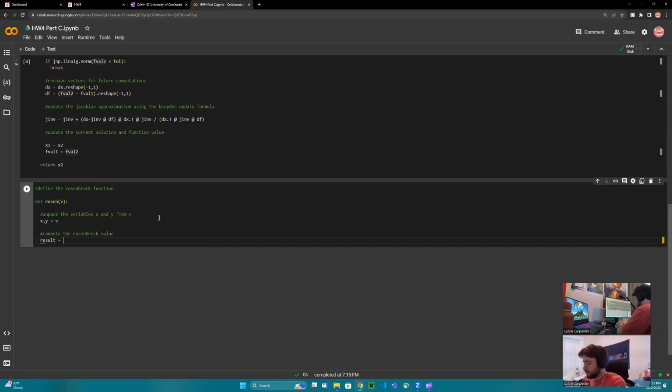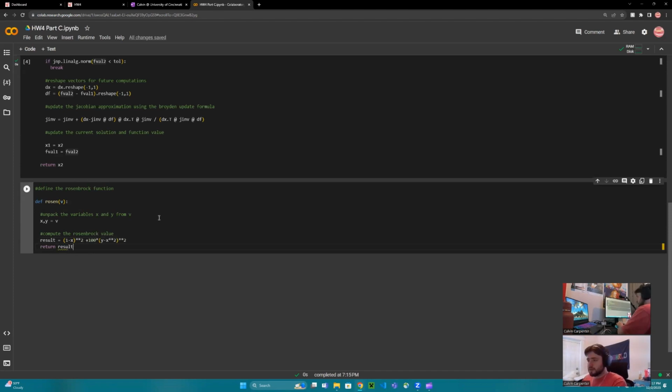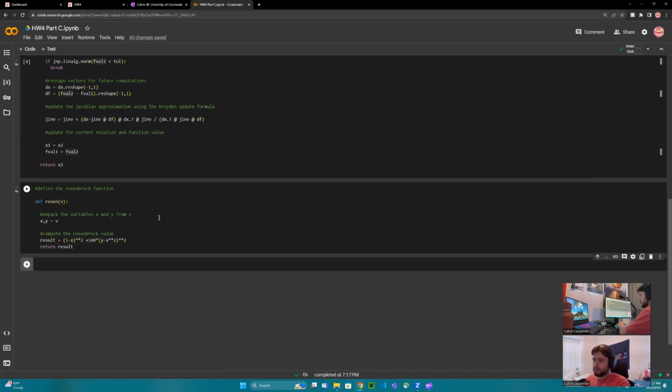Result equal to 1 minus x. Yeah. So this should be our Rosenbrock function here. Make sure it works. Okay, we're good.